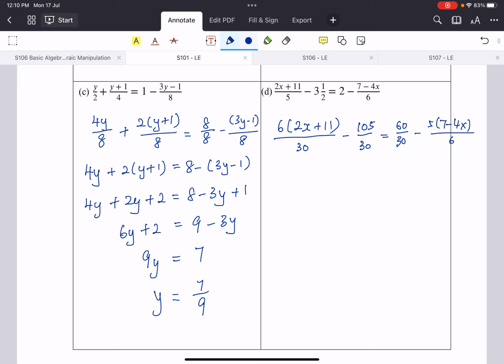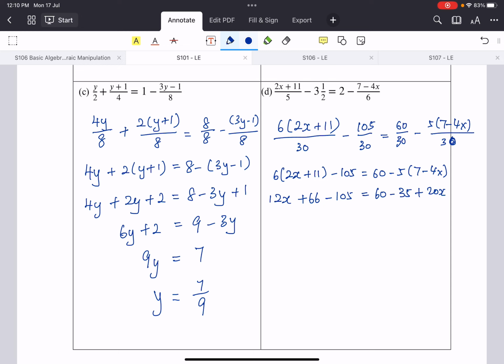So let's simplify this. The denominator is 30. So multiply by 30 throughout, we have 6(2x plus 11) minus 105 equals to 60 minus 5(7 minus 4x). Expand: 12x plus 66 minus 105 equals to 60 minus 35 plus 20x.